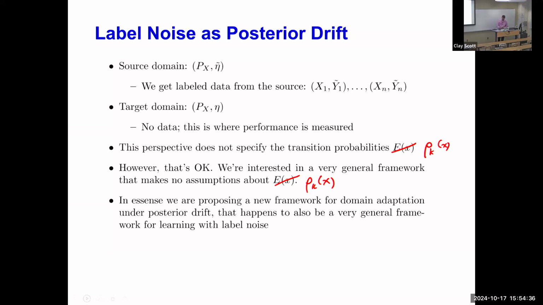Okay. So in essence, for the rest of the talk, you could think of it as a framework for label noise, but also you could just instead think of it as a framework for learning under posterior drift.